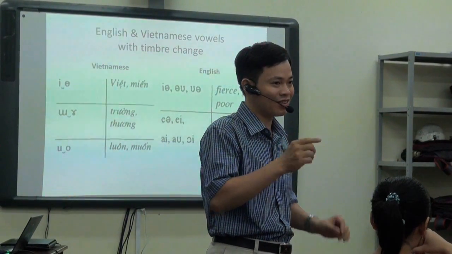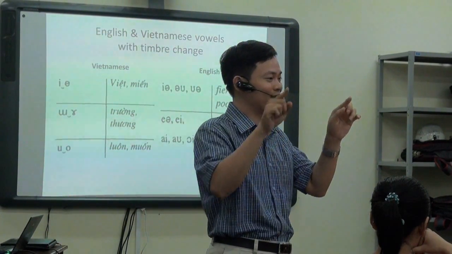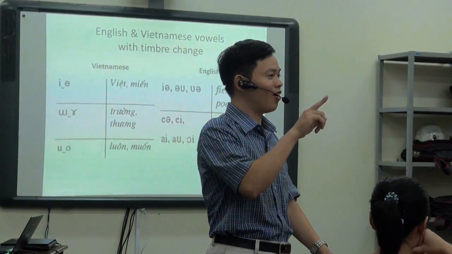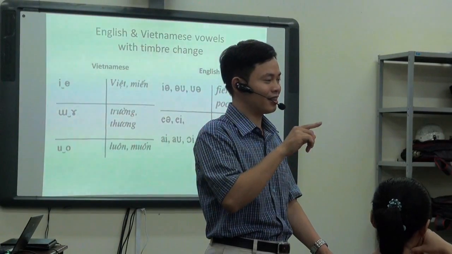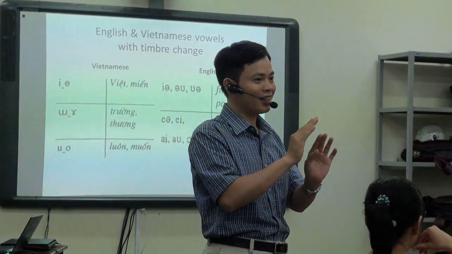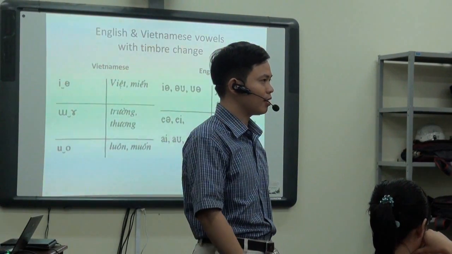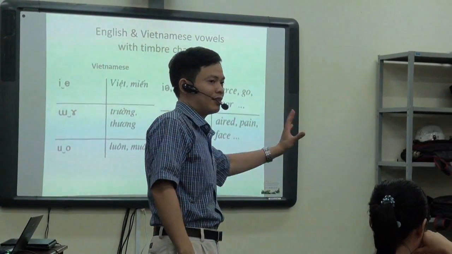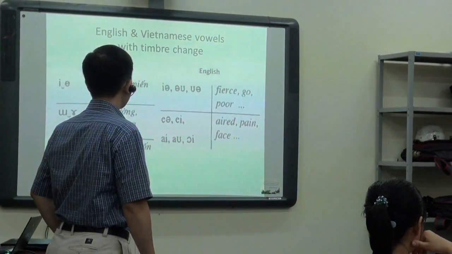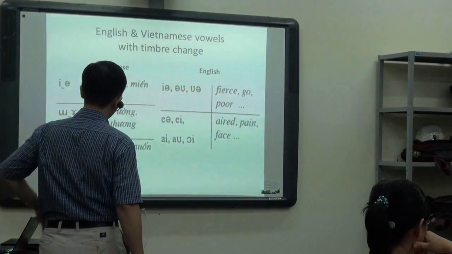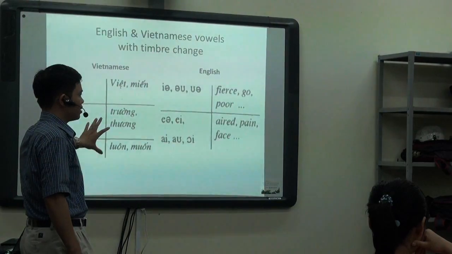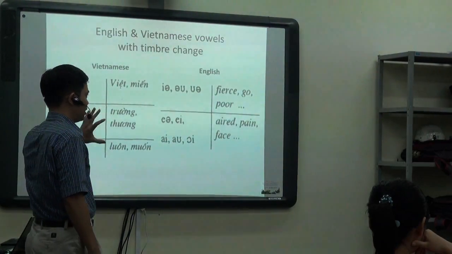When you say the sounds, there will be a spectrogram showing you like this, e like this, and ow, like see a new spectrogram that is quite different with or. Alright, so we describe the vowels that change the timbre in both English and in Vietnamese.